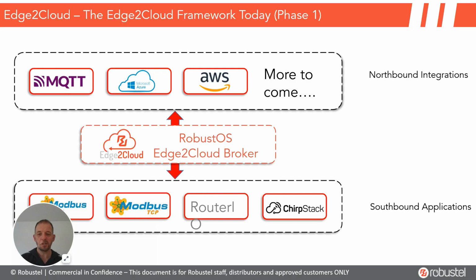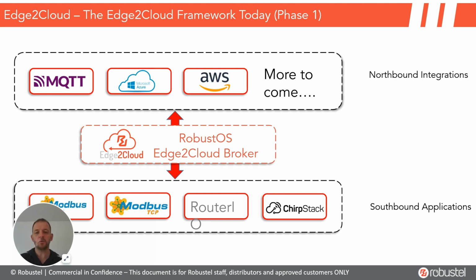In the latest gateway, we also have ChirpStack. So we can take LoRa, Modbus, general IO, and other protocols such as BLE and Siemens S7 are already coded, just not in full production.